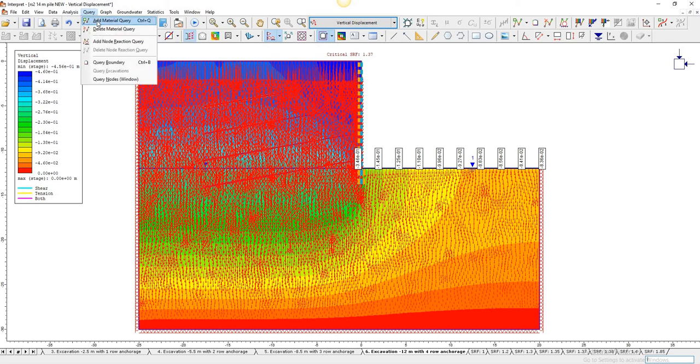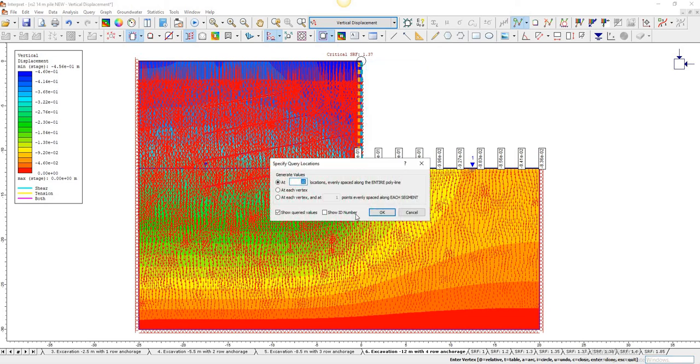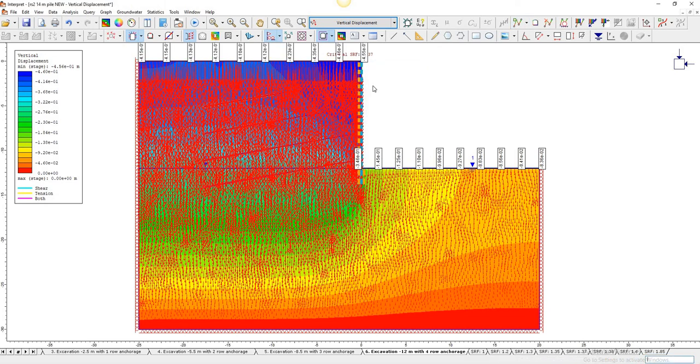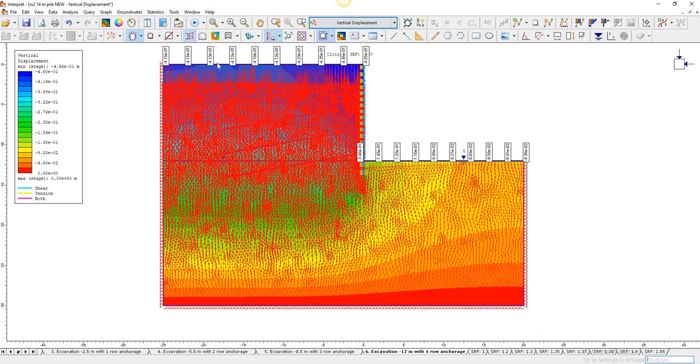And it is also quite similar to what you will expect at the bottom part of the excavation. Okay, where we will also get settlement that occurred from the excavation stage.